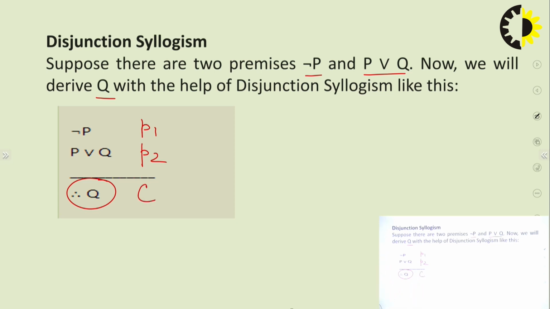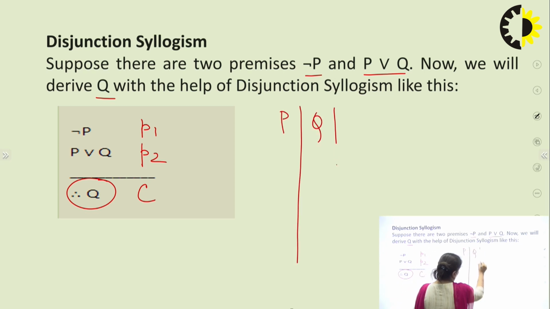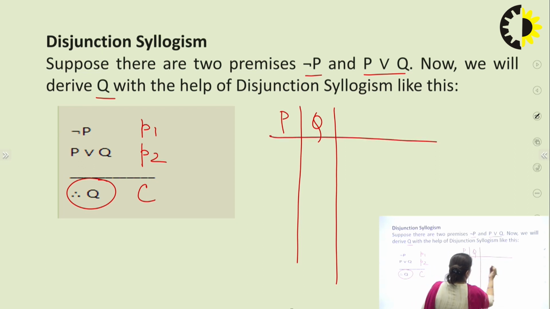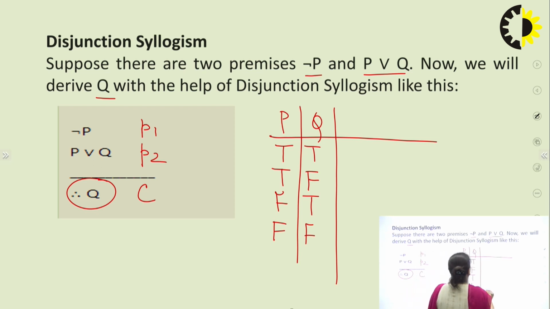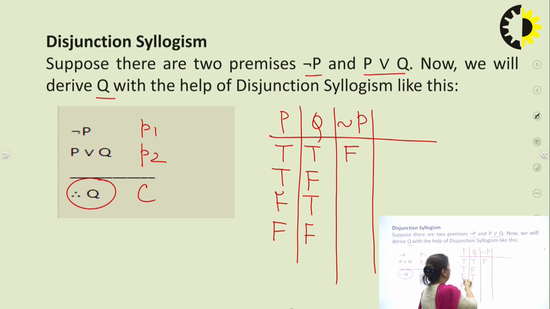So let's check the validity of this rule. So here I'll again have only two variables, that is P and Q. So the inputs can be, both true, first true, second false, and so on. Now if I talk about not P, it is simply that we can invert the values of P. Wherever it is true, we can write false, and wherever it is false, we can write true.